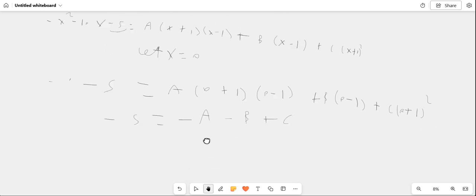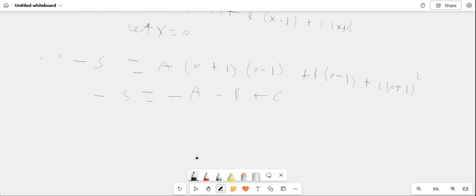And now we know what a, b and c are. We know that b is -2, so minus b is going to become +2, so -5 equals minus a plus 2, and we found c earlier, which was -4. And so if c is -4, we've got plus c here, so that's -4.